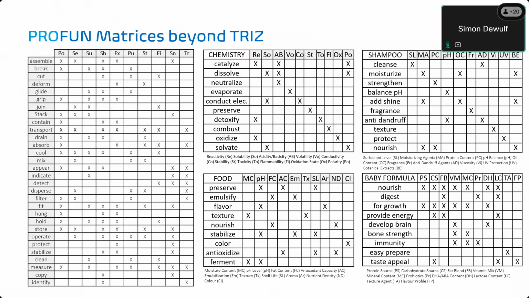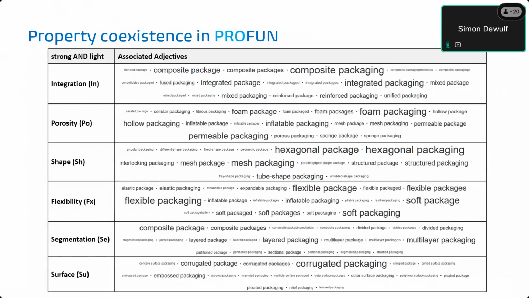Now, quite interesting, instead of thinking about conflicts where you want something and something you don't want, you could also think about how can I make certain properties coexist in my system. For example, I want a strong and a light packaging.